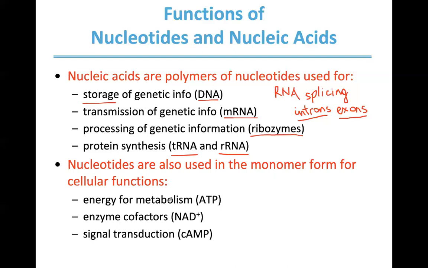Now, besides that, nucleotides are also used in the monomer form for different cellular functions. For example, energy for metabolism. So ATP, adenosine triphosphate, is the main molecule, an energy currency in the cell. So for example, if you eat a meal, you digest it, and you convert those nutrients into energy. And how do you do that?